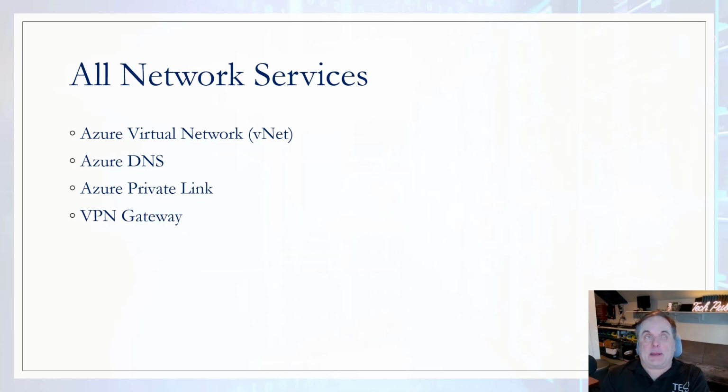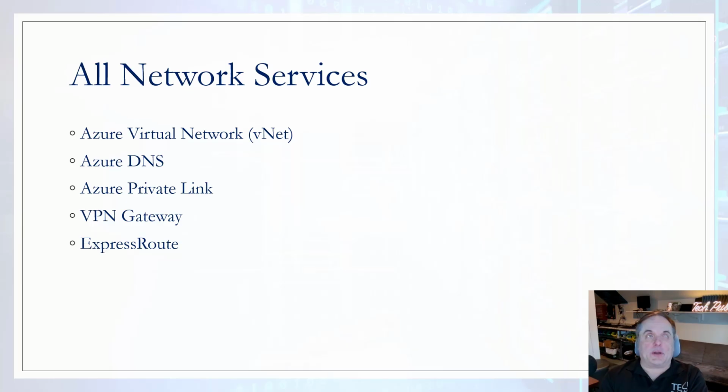The gateway establishes the secure encrypted site-to-site or point-to-site connections between your on-premises network as well as Azure. So that means whether you're at home connecting into Azure or whether you're in a local area network, you're going to use the VPN gateway in order to connect if you choose that internal communication.